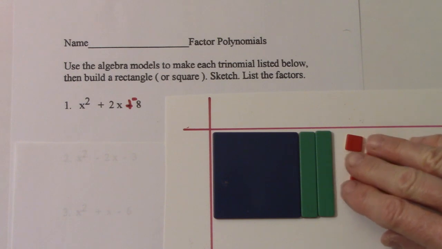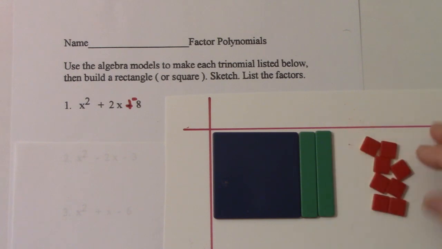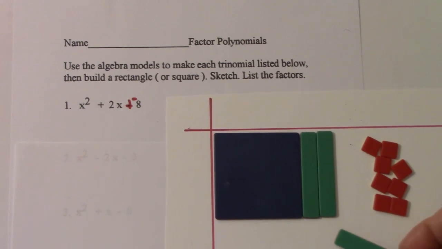And initially it's just baffling. What do we do? Students might need a little help to realize that we need to introduce a zero pair. And if we introduce a zero pair, that's a positive and a negative.